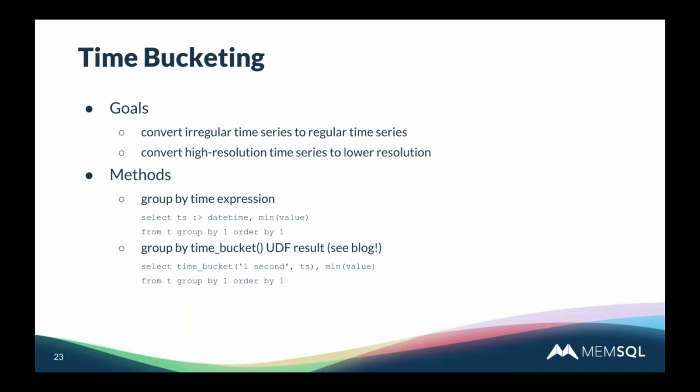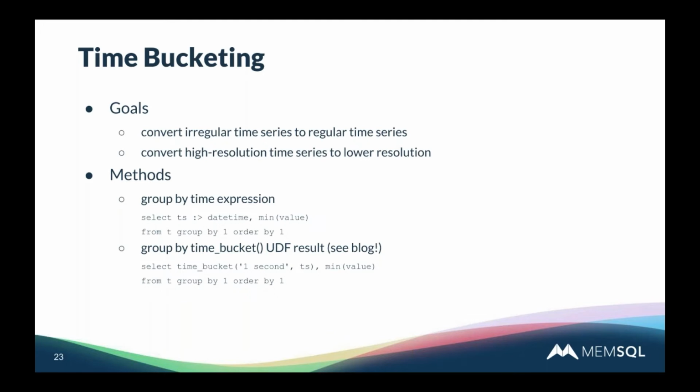So that is going to have a resolution of a single second. We won't have fractional seconds. So you can convert to datetime, take an aggregate, and then group by the first expression and order by the first expression, and that'll convert a high resolution time series to a second granularity time series.